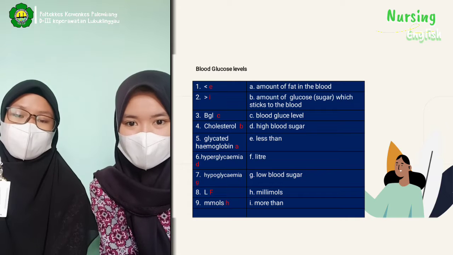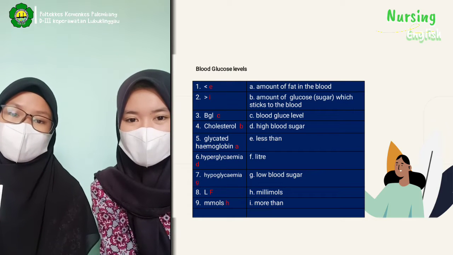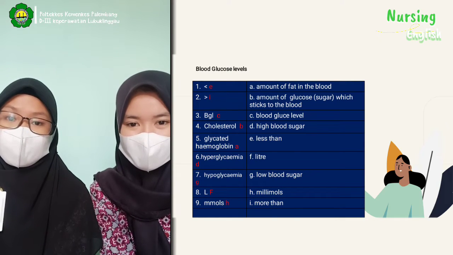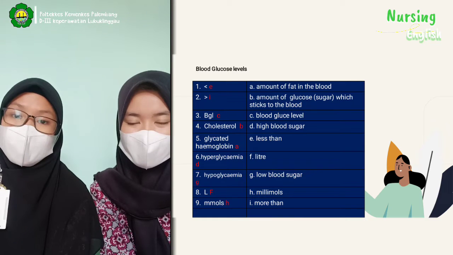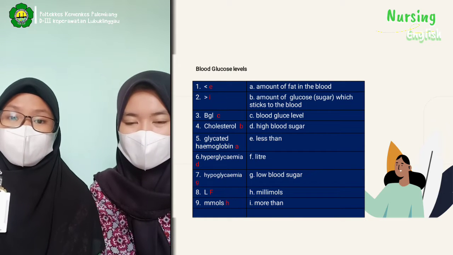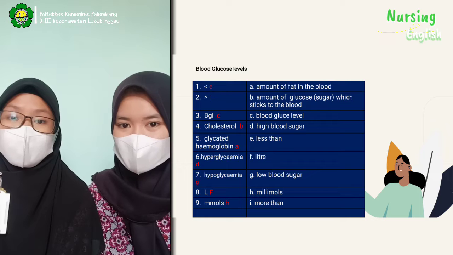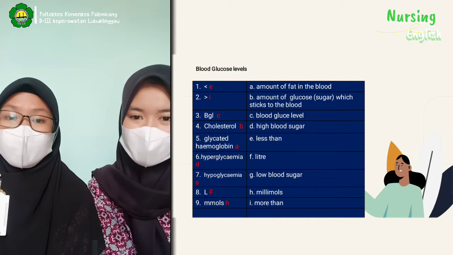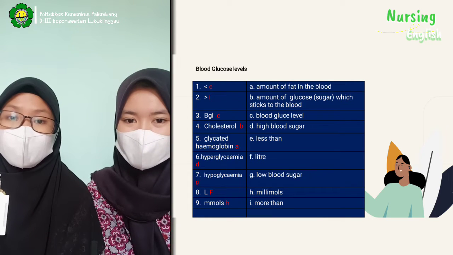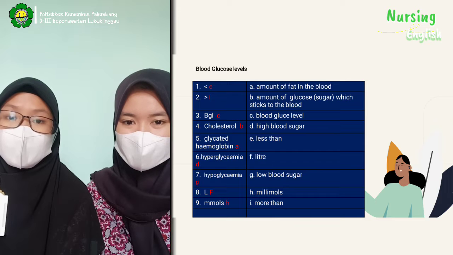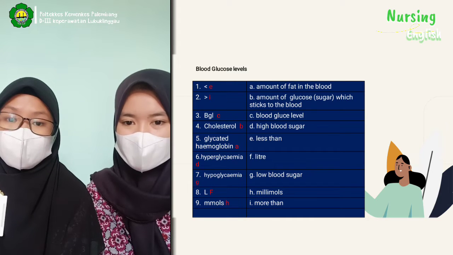Blood glucose level. 1. Answer E, less than. 2. Answer I, more than. 3. BGL, answer C, blood glucose level. 4. Cholesterol, answer B, amount of fat in the blood. 5.